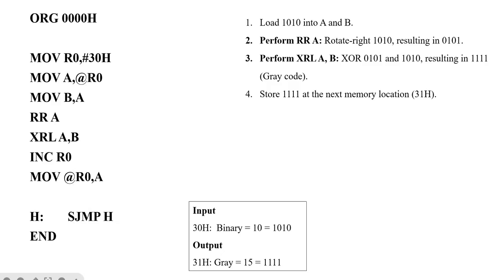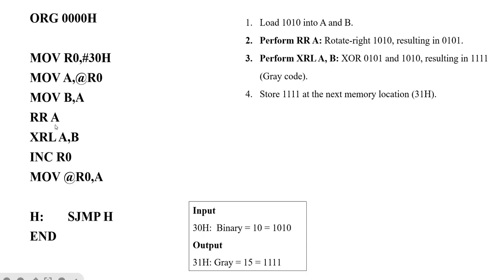This instruction moves the binary number stored at the memory location 30H into the accumulator, that is A. Now the next instruction is MOV B, A. This instruction will copy the value of A into the register B, and the value of A will now be used for the gray code conversion, and the original value will be stored in the register B for further operations.